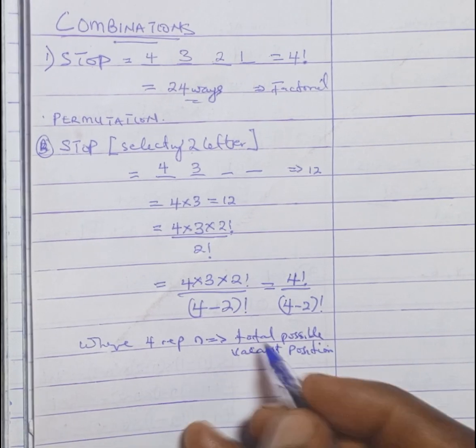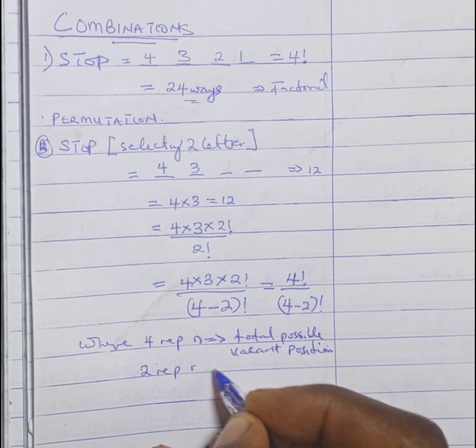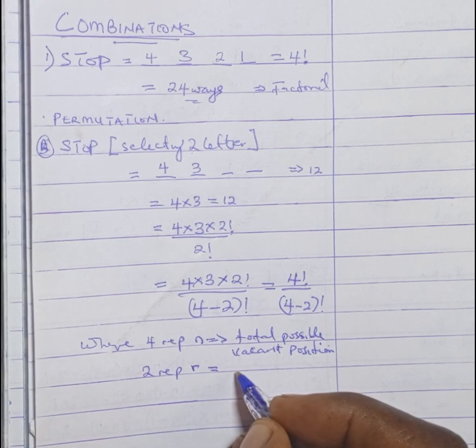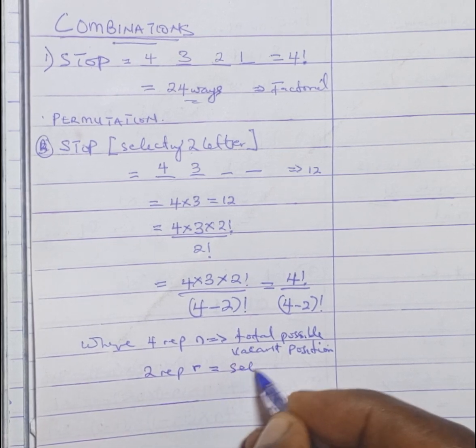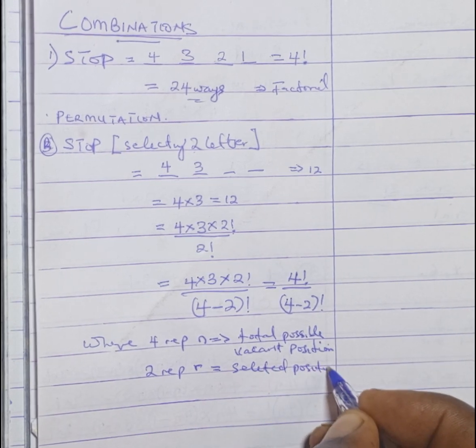And then where we say r, in this case 2 represents the r, the selected positions.